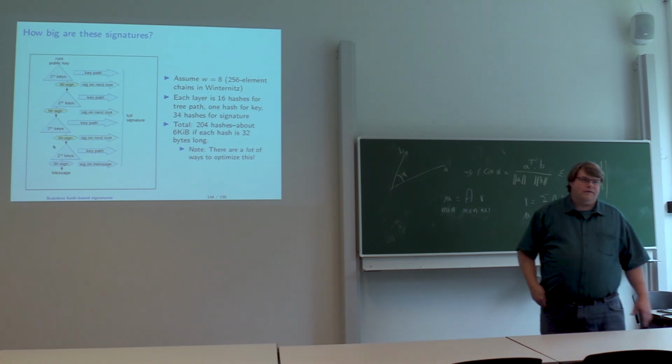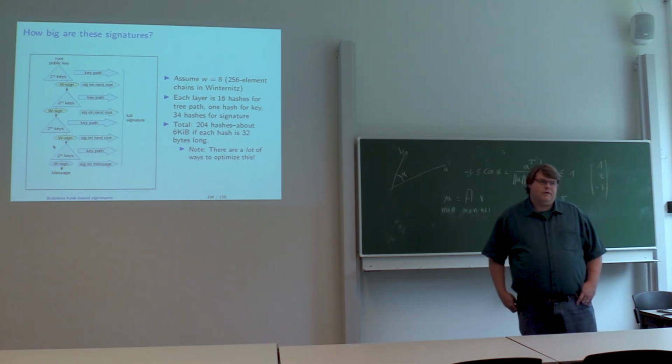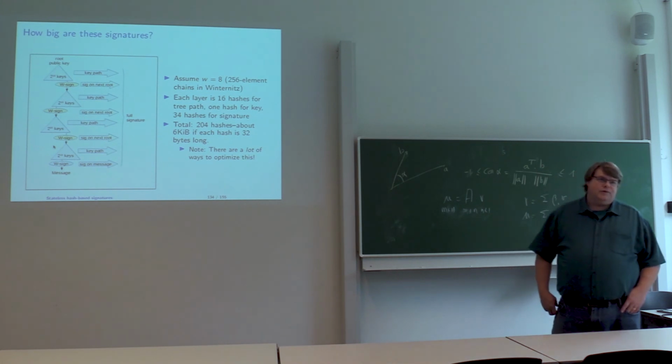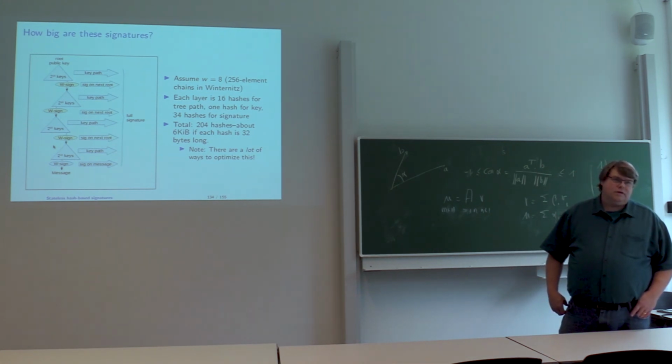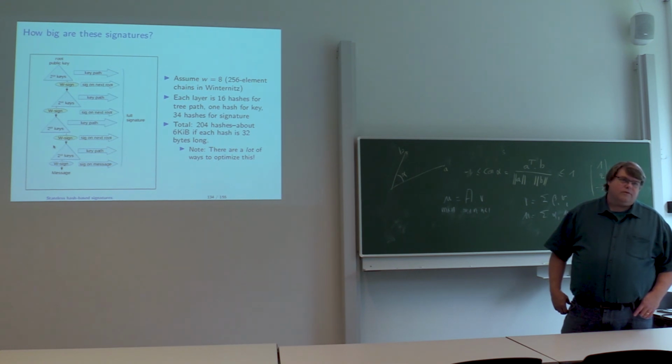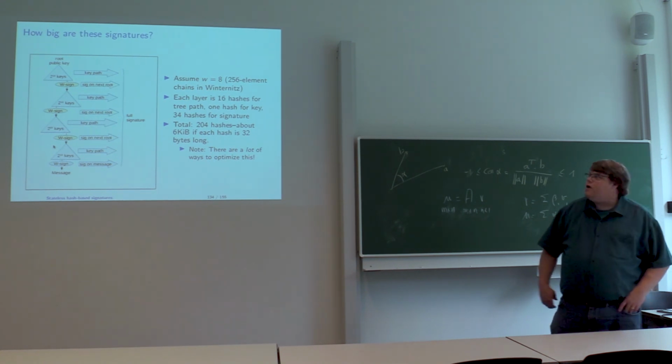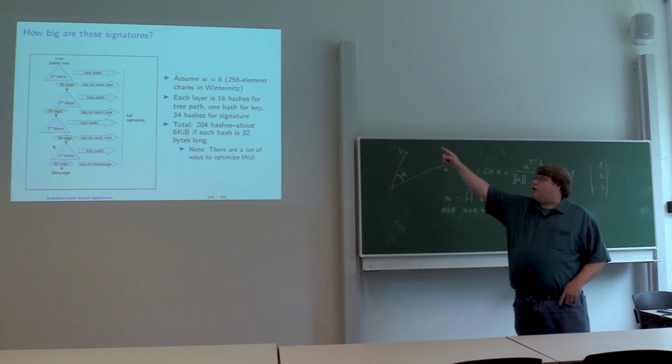They need additional randomness, which is not the message, to make sure that it's a random path through the tree. Right. So our goal is to choose a random path through the tree.